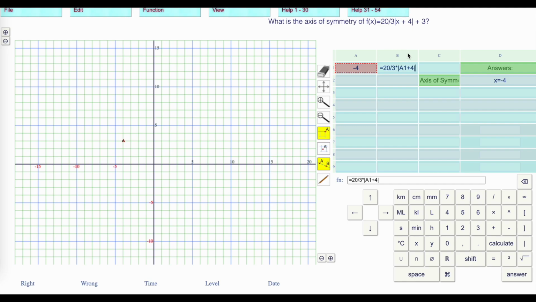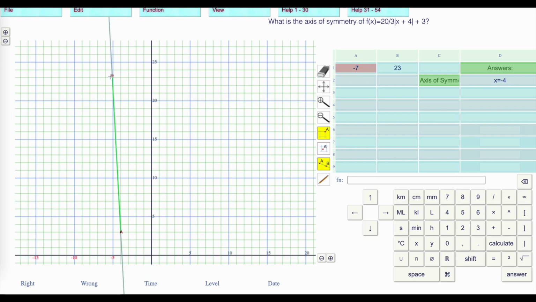The absolute value of 0 is 0, times 20 over 3 is still 0, plus 3 is 3. Okay, if we look at minus 6, minus 7 is 23. If I went 3 in that direction, I went 3 in the other direction, that would be minus 1, would also be 23. It's going to keep going up.